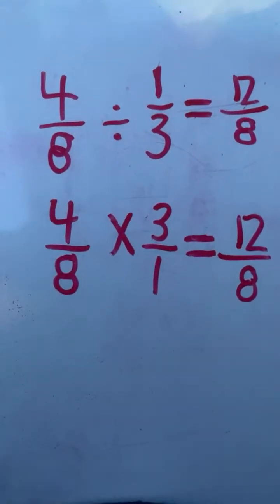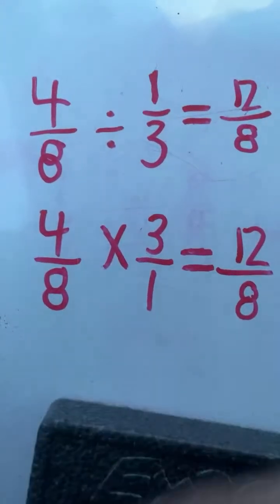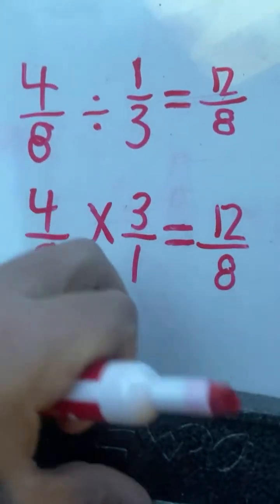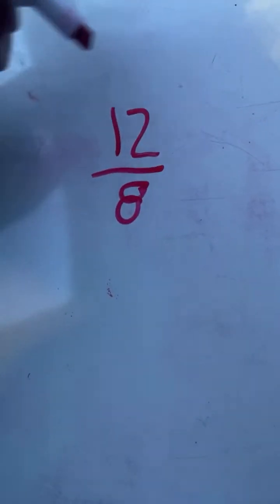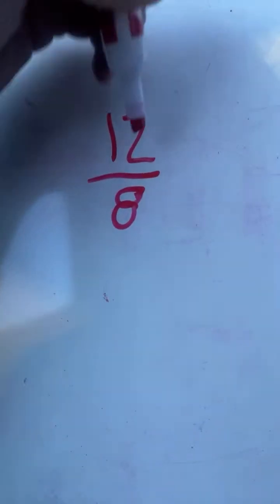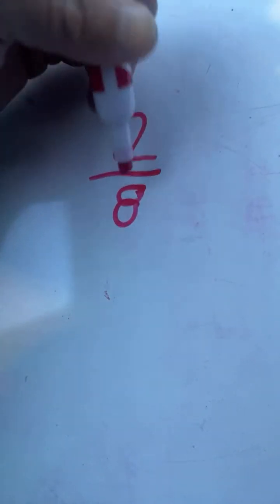So I will end the video by reducing 12/8 to lowest terms. We reduce to lowest terms by dividing by the greatest common factor. So we want to divide by the biggest factor of both 12 and 8.